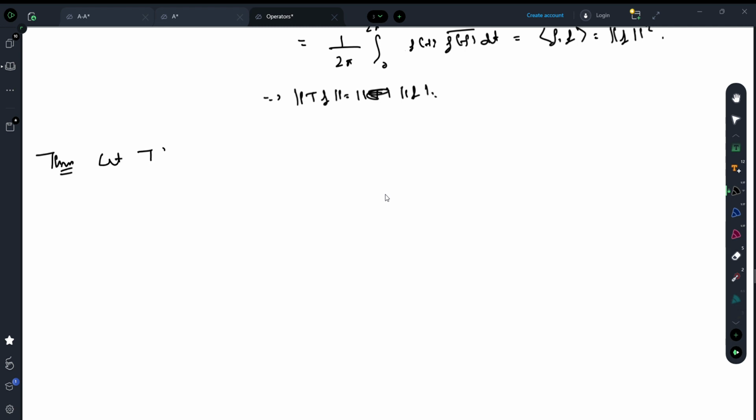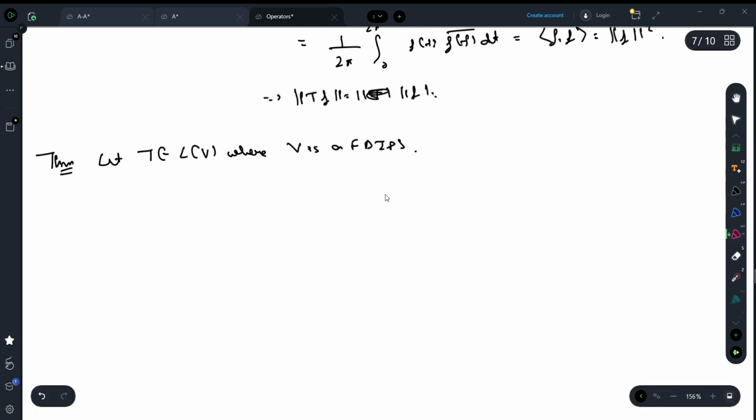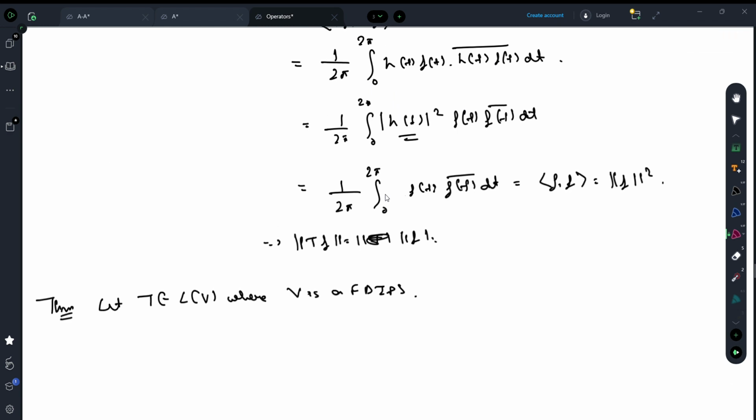let T be a linear operator on V, where V is a finite dimensional inner product space. One thing I forgot to mention, let me just quickly mention it out here, is that I can also talk about such length preserving linear operators in the case of infinite dimensional inner product spaces as well.